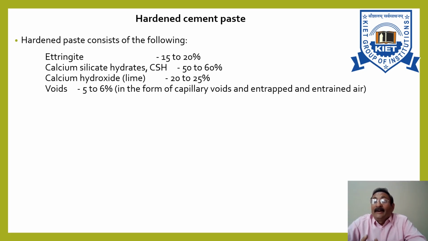So capillary cavities become larger with the increase in water cement ratio. Theoretically, we can say that a minimum of 38% water should always be present, that is 15% and 23%. But practically, we take approximately 50%. We will discuss it some other time.